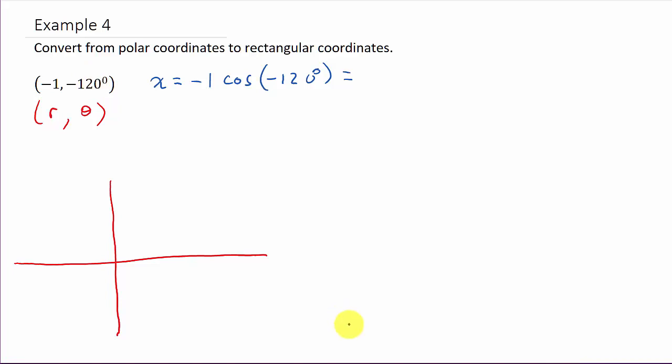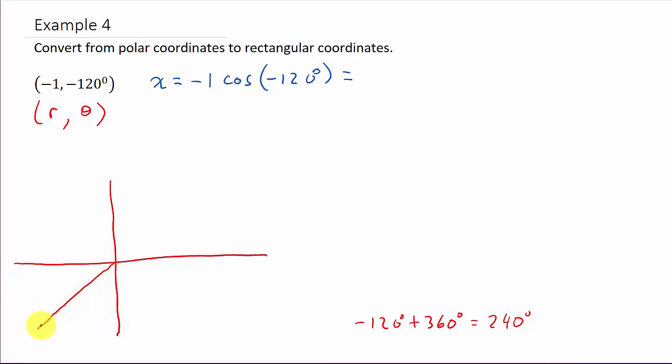So if I take -120 and add 360, that's going to give me 240 degrees. So I know I'm over here in the third quadrant, because remember, this is 0, 90, 180, 270. So the 240 is right in here.